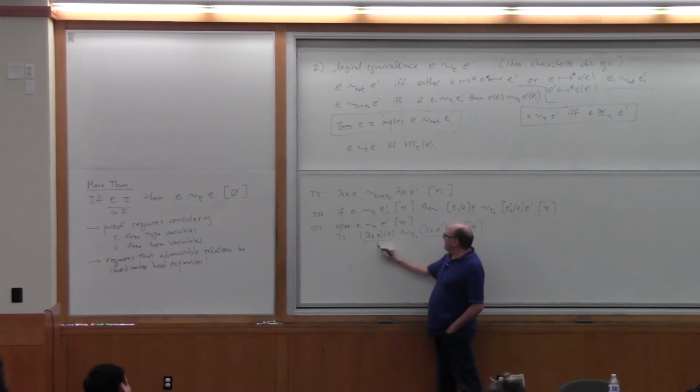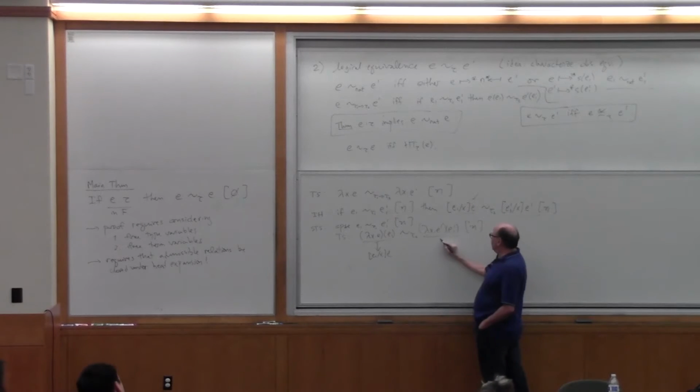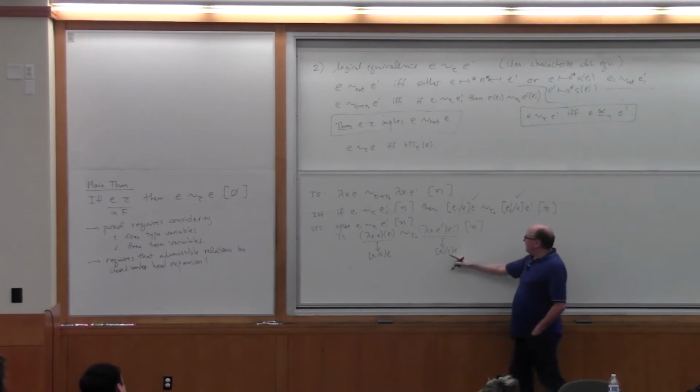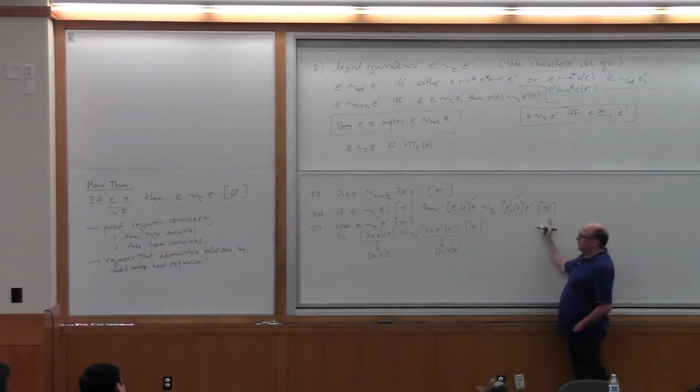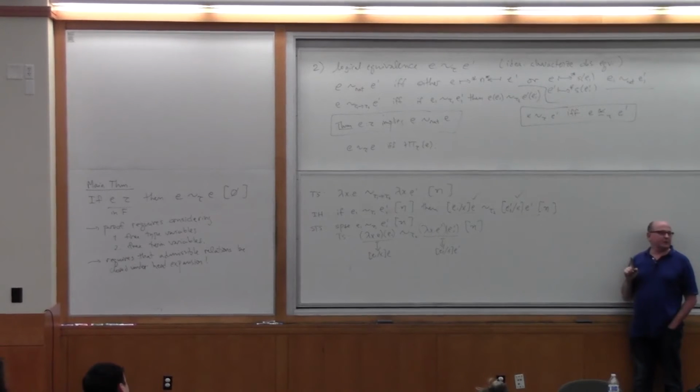The critical thing is, this head reduces to E1 for x in e, which is this guy, and this head reduces to E1 prime for x in e prime, which is this guy. And the things they reduce to are related, so I demand that the things they reduce from be related. That's my criterion of admissibility.